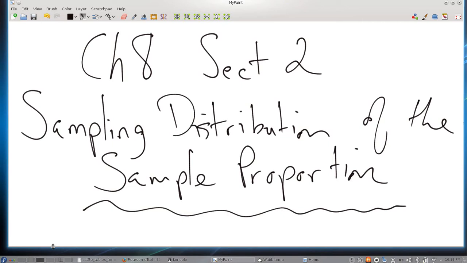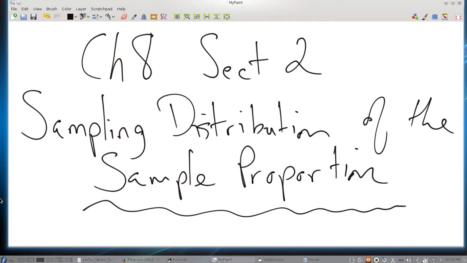Again, from section 8.1, to obtain a description of the true population mean, we collect a set of samples, compute the means, and then compute the mean of those sample means. Here we are dealing with the same situation, yet with a different concept, and that is using the proportion.